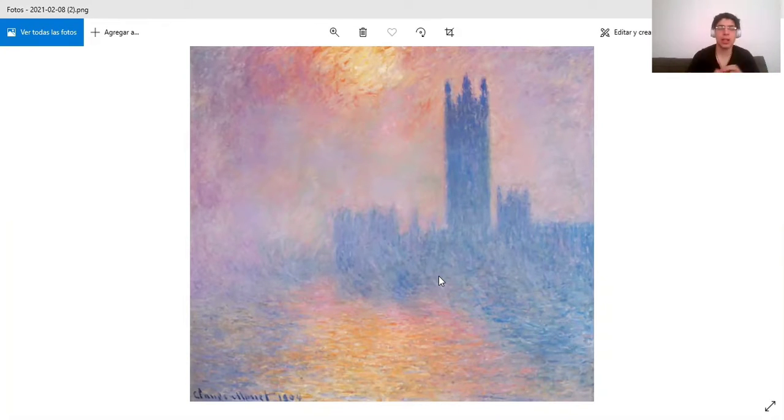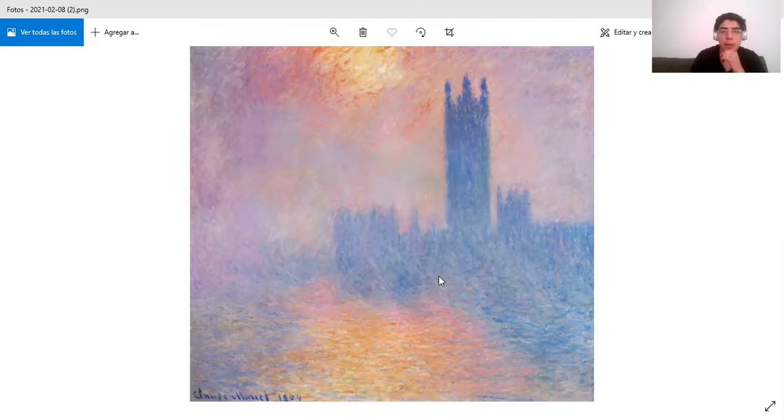So first, what we're going to analyze. At first look, we can see that there are so many colors, but at the same time not. Why? Because it's a kind of mental process that your brain does. But if you look very closely, you can see that there are no more than 5 or 10.